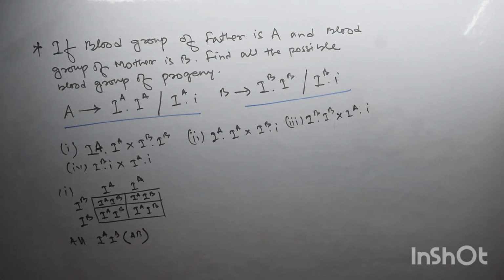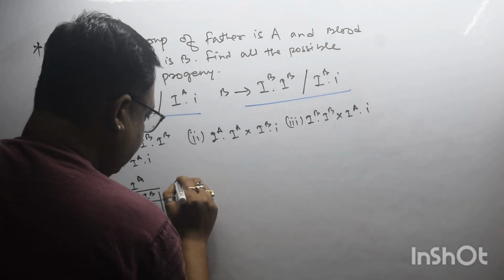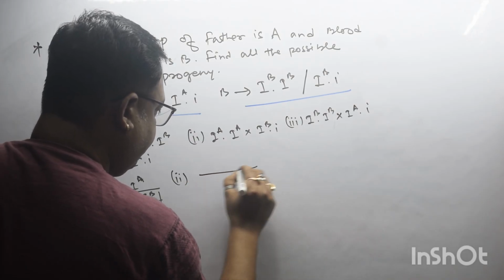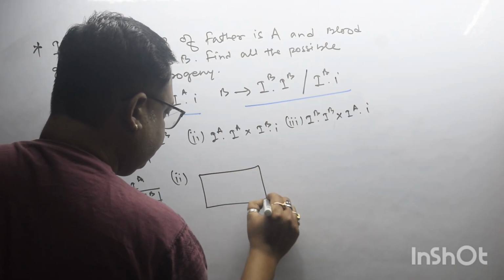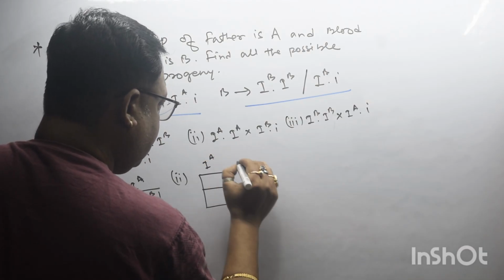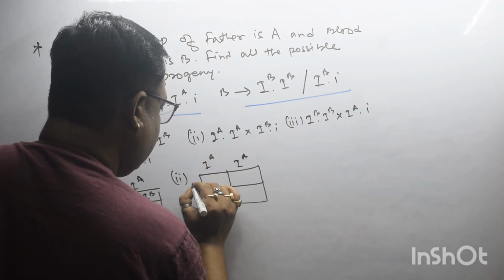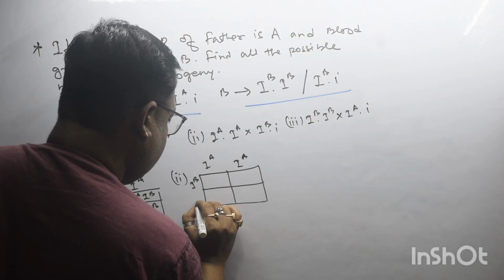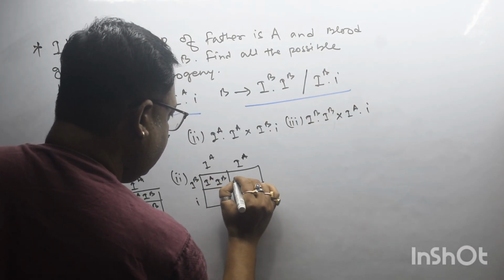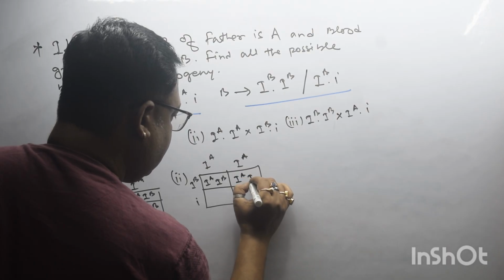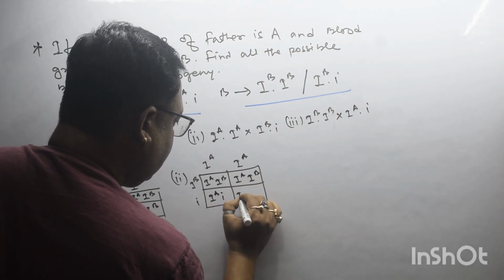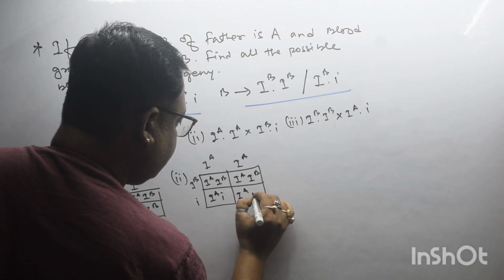In case of second instance, it will be IA IA with IB small i. It will be IA IB, IA IB, IA small i, IA small i.